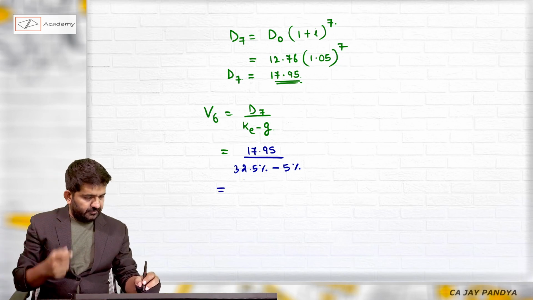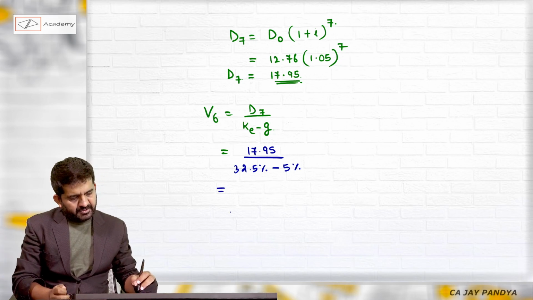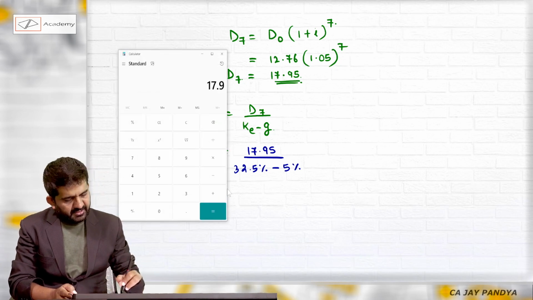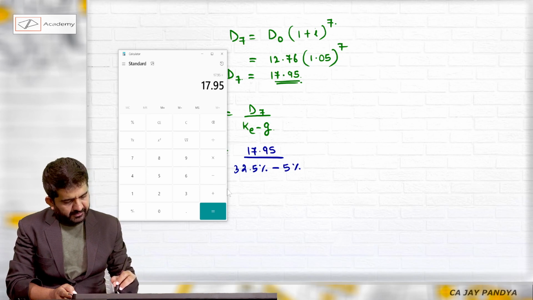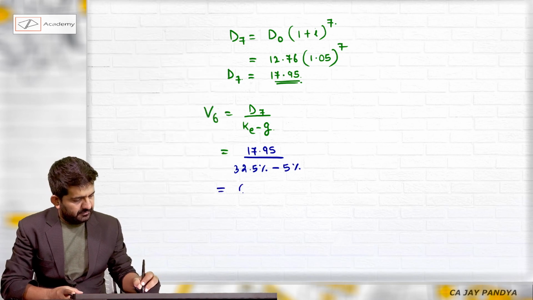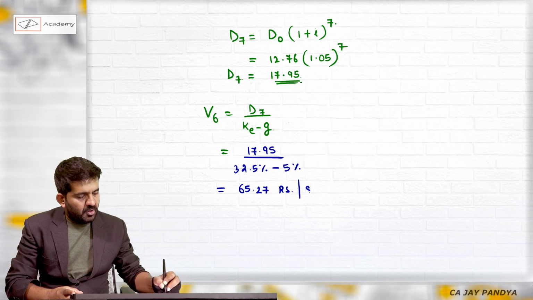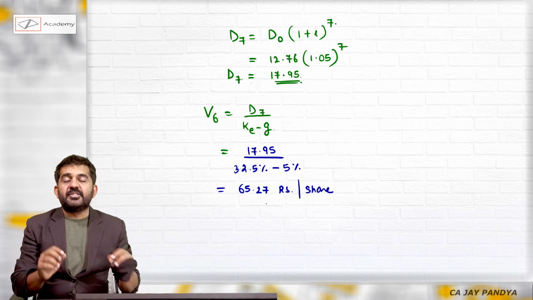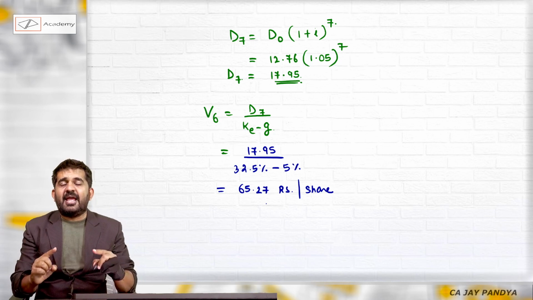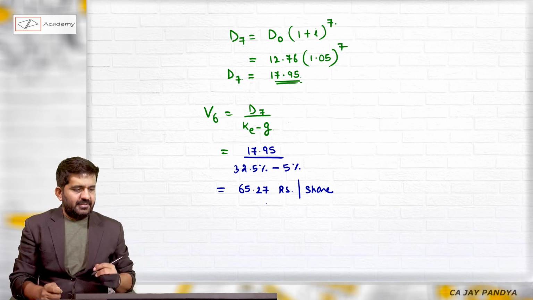This is 27.5%. Answer will be 17.95 divided by 0.275. That is 65.27 per share, the value of this company's shares at the end of 6th year.